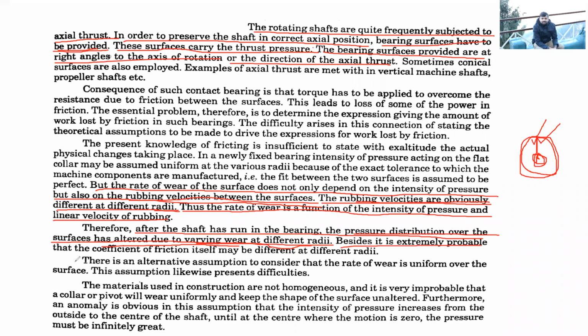Besides, it is extremely probable that the coefficient of friction itself may be different at different radius. So another variable which came into the picture is that the coefficient of friction may also vary at various radii.